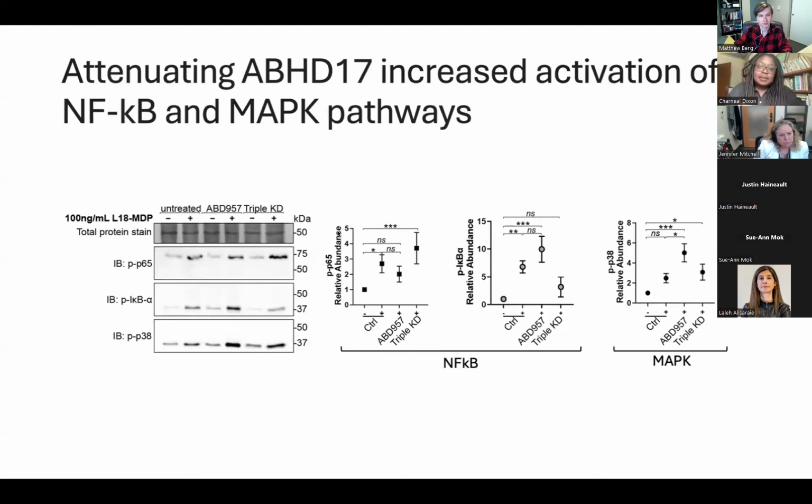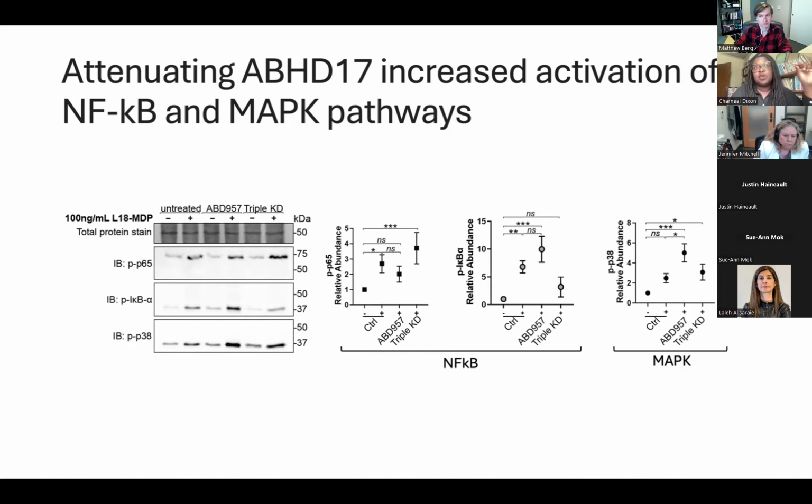So we also examined how inhibiting or silencing ABHD17 would affect endogenous NOD2 activation and downstream pathways. To do this, we monitored the phosphorylation status of downstream effector proteins for NF-kappa B. So we used P65 and IKB alpha, and then P38 for the MAP kinase signaling pathway in response to NOD2 activation. So these cells were stimulated with MDP. Now, based on previous studies, we again knew that inhibiting S-palmitoylation of NOD2 would reduce NF-kappa B and MAP kinase activity.